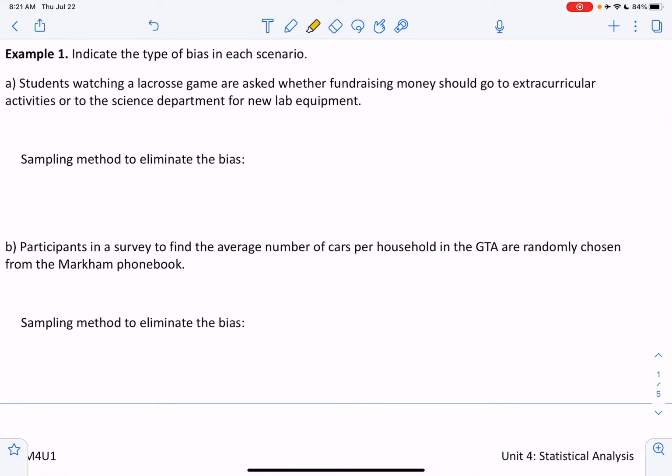So let's do some examples to indicate the type of bias. So this first one, students are watching a lacrosse game and are asked whether fundraising money should go to extracurricular activities or to the science department. So this is an example of sampling bias.